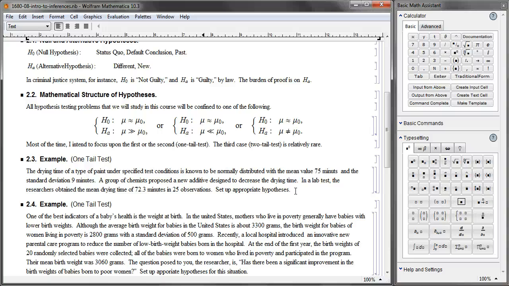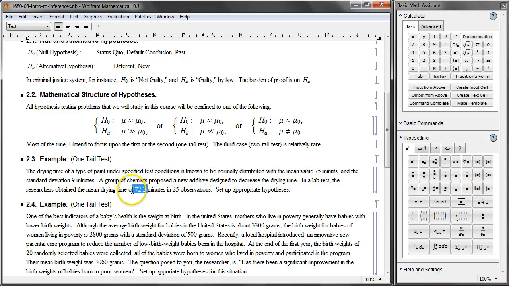Okay, what is mu naught? That's pretty obvious. Traditional value, past value, which was explicitly given. This one. How about the other one, 72.3 minutes? That was bound to the sample study, the lab test, which was done with 25 observations.